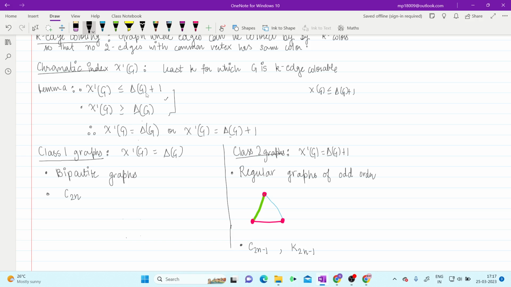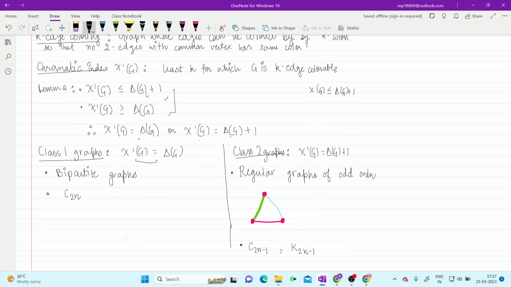Using these two things, the graphs can also be divided into two categories. The first type is class 1 graphs, that is, graphs for which the chromatic index equals the maximum degree, and the second class is the graphs whose chromatic index is maximum degree plus 1.